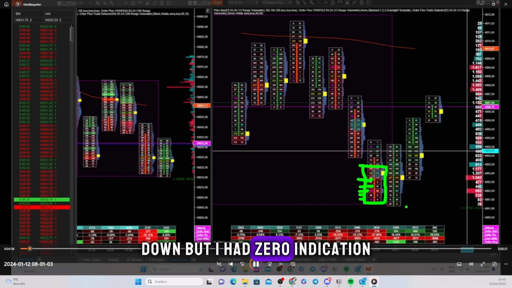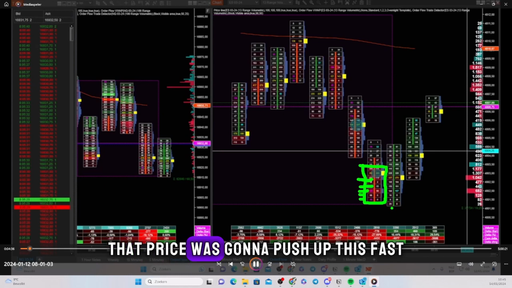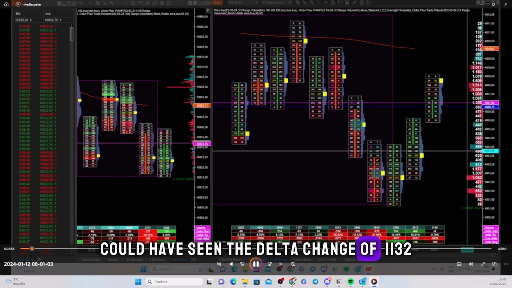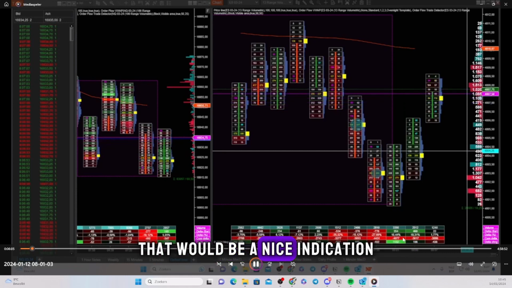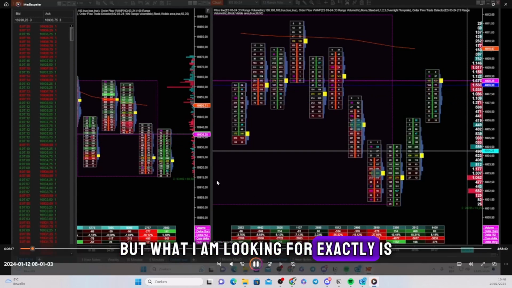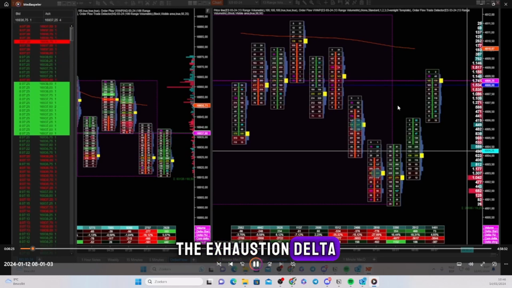But I had zero indication that price was going to push up this fast. I could have seen this delta change of 1132. That would be a nice indication, but I missed that completely. So what I am looking for exactly is the exhaustion, the delta.